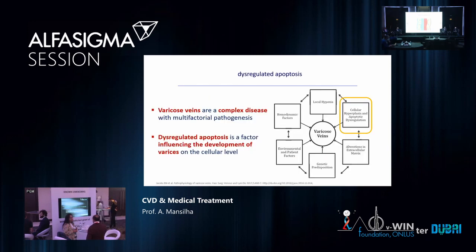In fact, the varicose veins are a complex disease with multifactorial pathogenesis, and we should include the importance of hemodynamic factors, the local hypoxia, the dysregulated apoptosis, alterations in extracellular matrix, the genetic predisposition, and the environmental and patient factors.